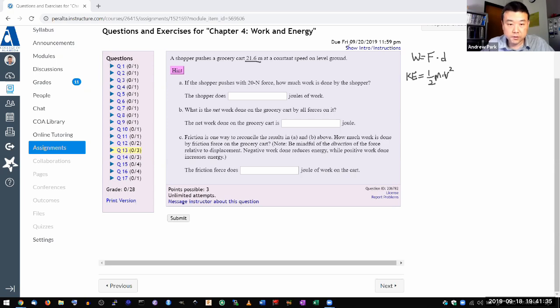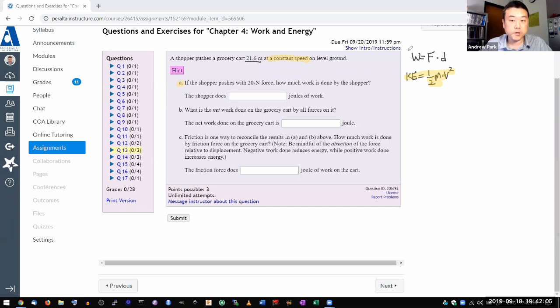And the reason I want you to highlight this now is because the question told us that the grocery cart is moving at a constant speed, and that's meant to give us some information that we'll be using at some point in this question.